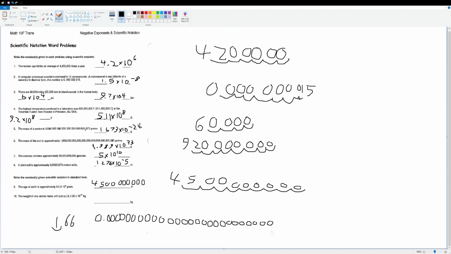So we have our 26 zeros here, and now we can add the 1, and the 6, and the 6. And of course it's in kilograms. So that is the answer to the last one: 0 point, 26 zeros, and then 166 kg, which is the mass of one atomic mass unit.